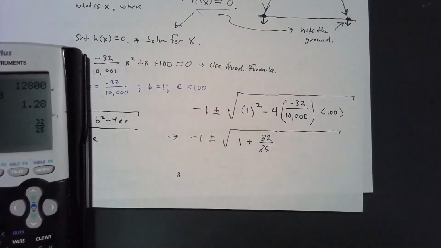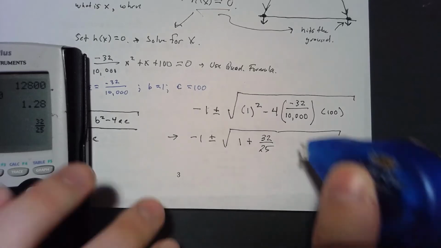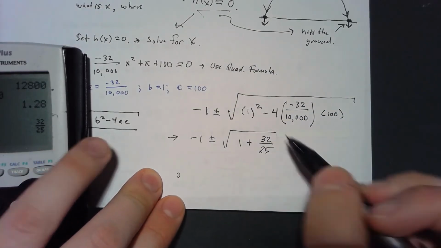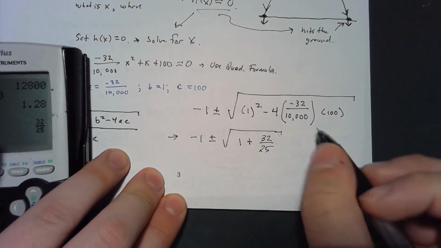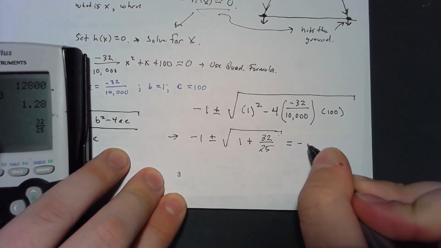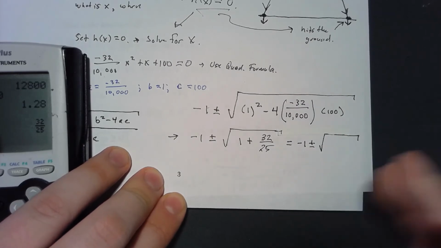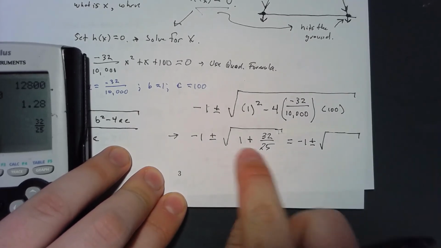Okay, so I guess I don't need as much square root, do I? That's going to be that. Now I'm going to have negative 1 plus or minus the square root. Now remember, you can't break this up. You have to add everything under here.